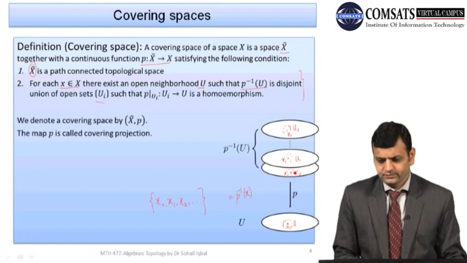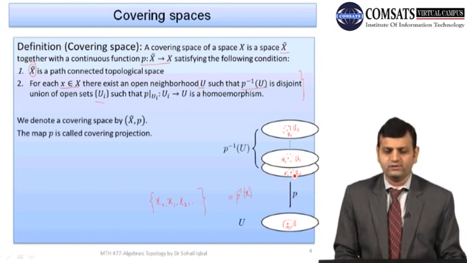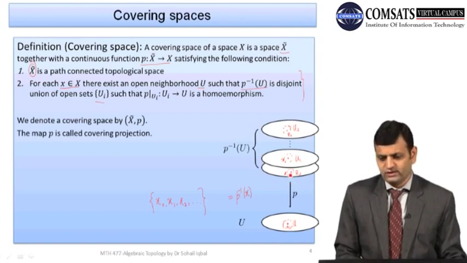Locally around x, this space is homeomorphic. When we say homeomorphic, it means topologically there is no difference. So this open set U0 around x0 is homeomorphic to this open set U around x. So locally they are homeomorphic, which means the covering space is locally homeomorphic to the base space.